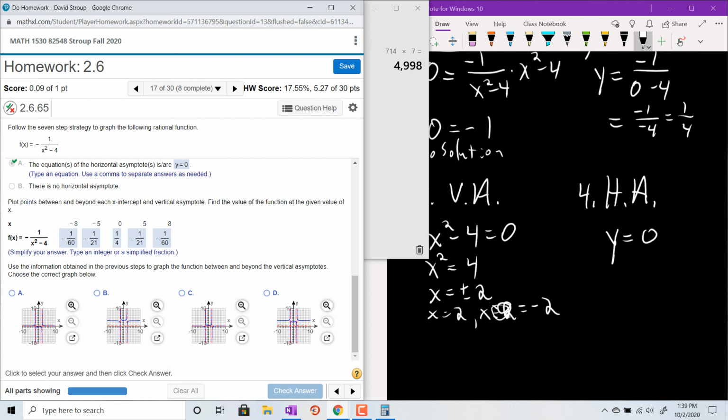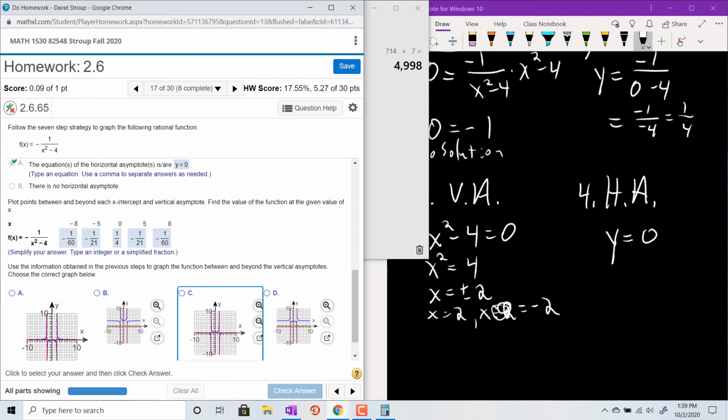I'm going to need to zoom in on you. Okay, so the difference between A and C is that the middle part on C is positive. Okay, so in between negative 2 and 2, you should have positive values because of our chart here, where you have 0, 1/4.